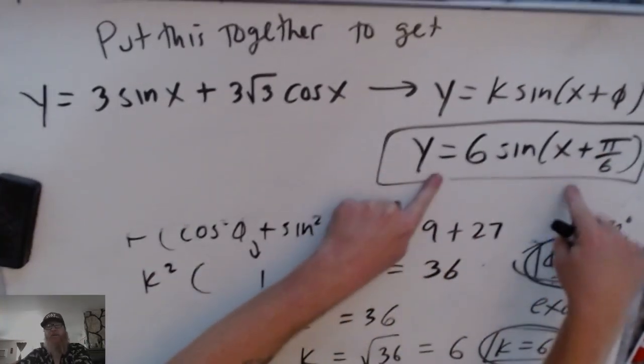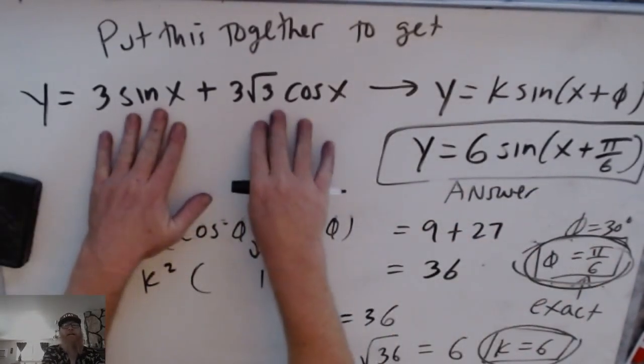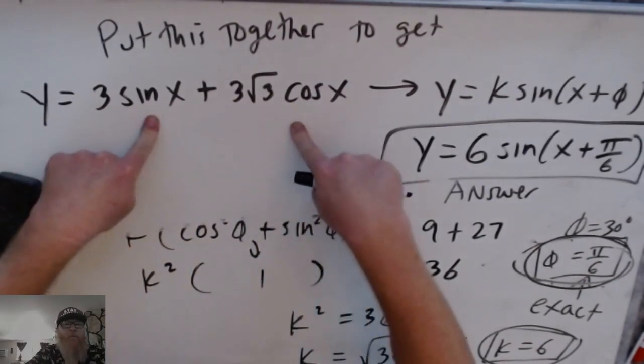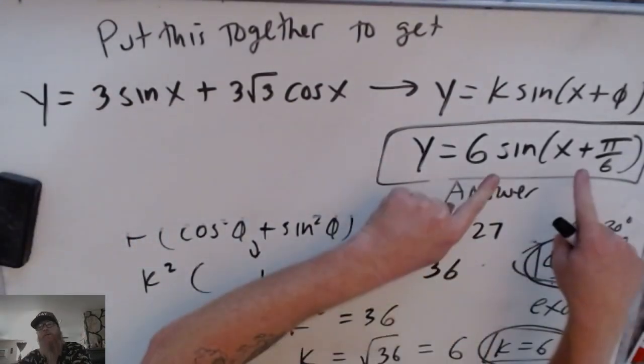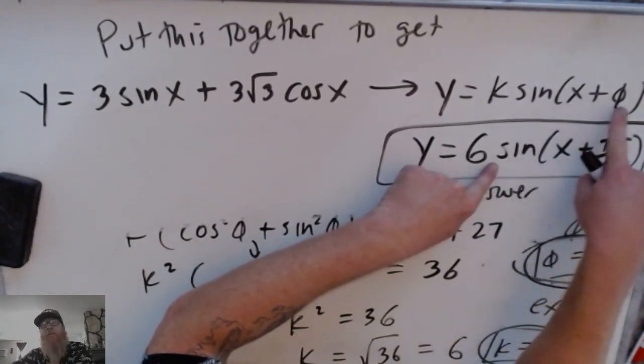So this function is your answer of how to rewrite the sum of two trig functions, using the formula for sums, into one trig function, in particular sine of x plus phi.